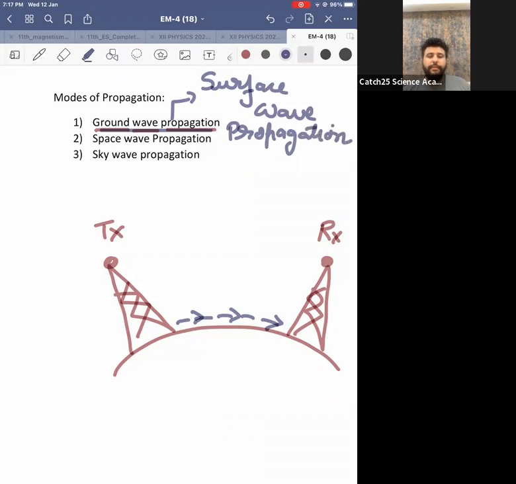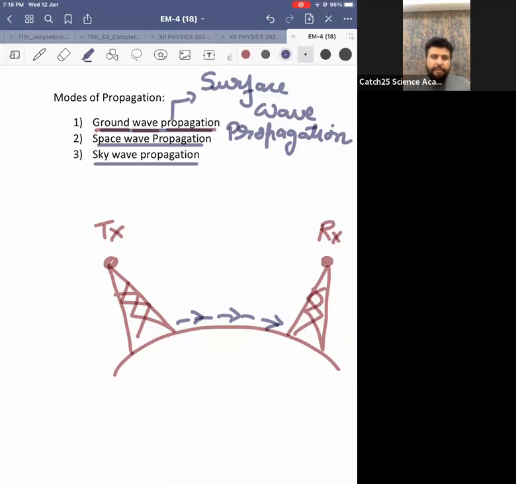So if the question comes, define ground wave propagation or explain ground wave propagation. Remember, all three modes of propagation use radio waves only. First thing, keep that clear. Therefore, listen, try to understand the answer.